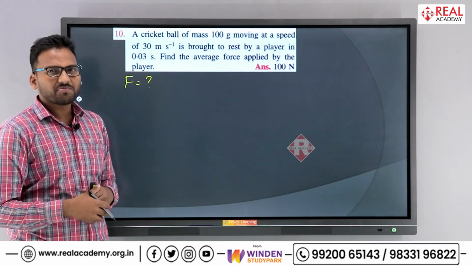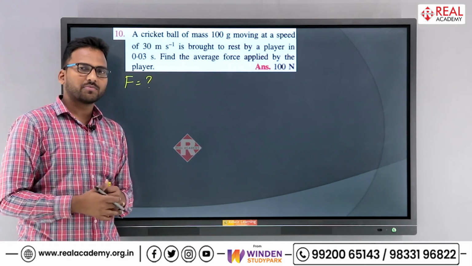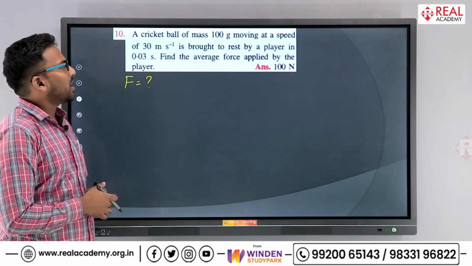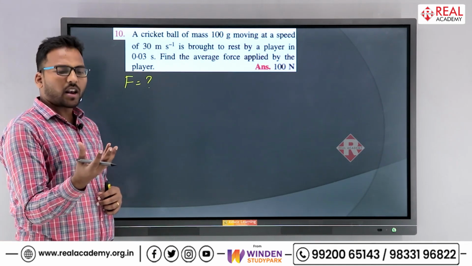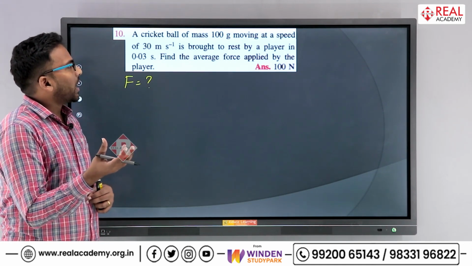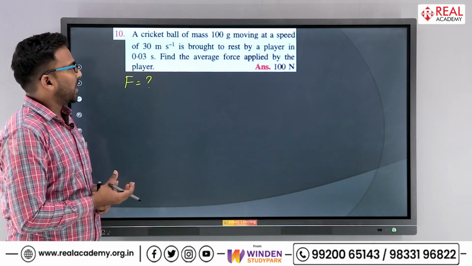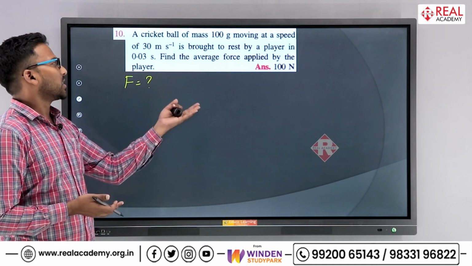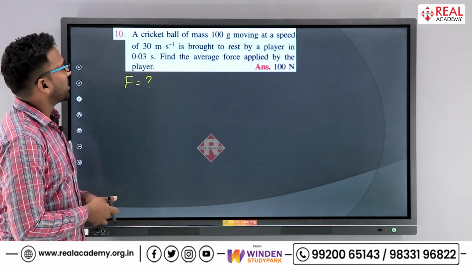Is it easy? Yes. A cricket ball of mass 100 gram, moving at a speed of 30 meter per second, is brought to rest by a player in 0.03 seconds. They are asking us to find the average force applied by the player.